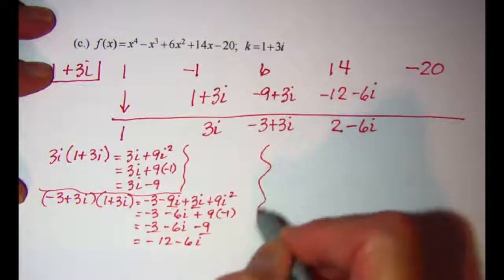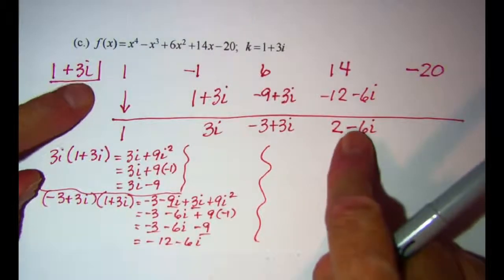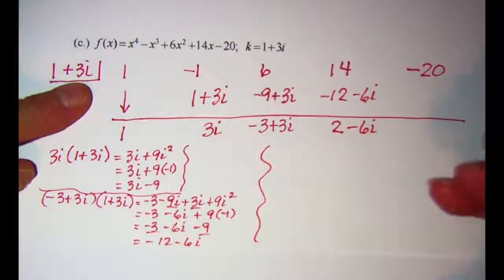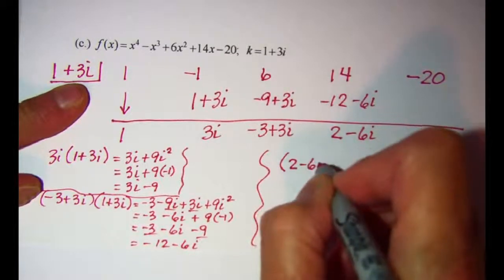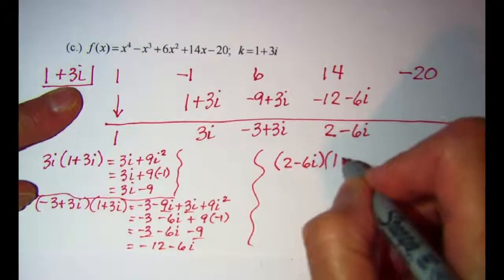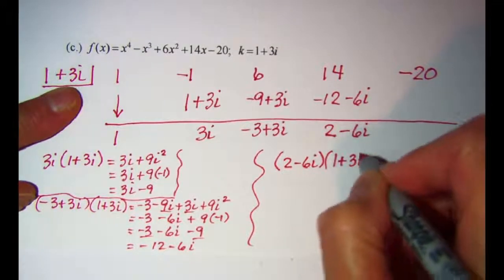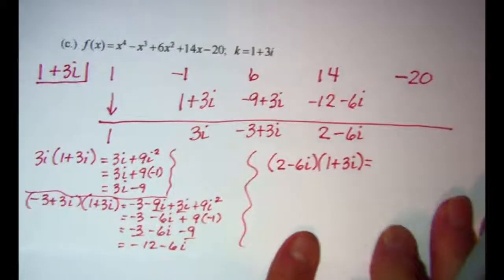Right. Now we need to multiply these two binomials together. So 2 minus 6i gets multiplied by 1 plus 3i. And again, I'm going to have to do FOIL on that.